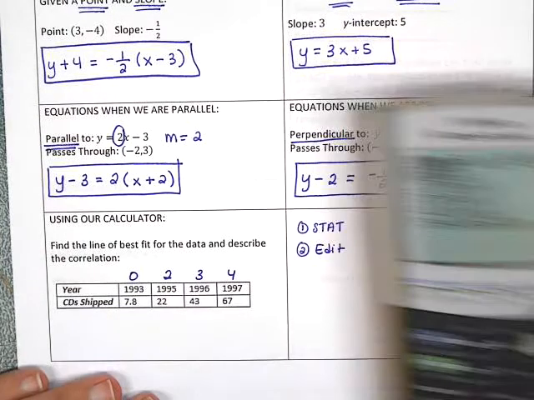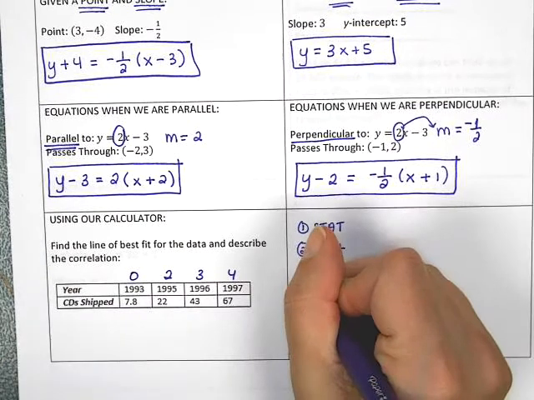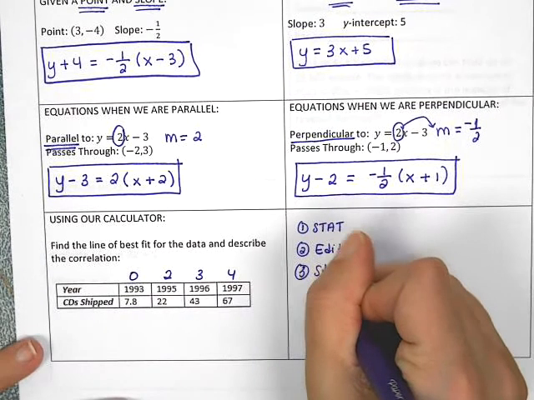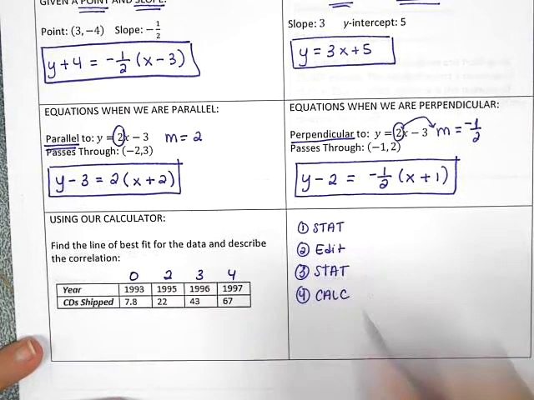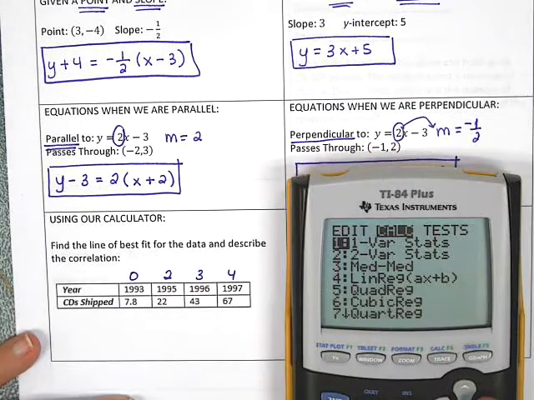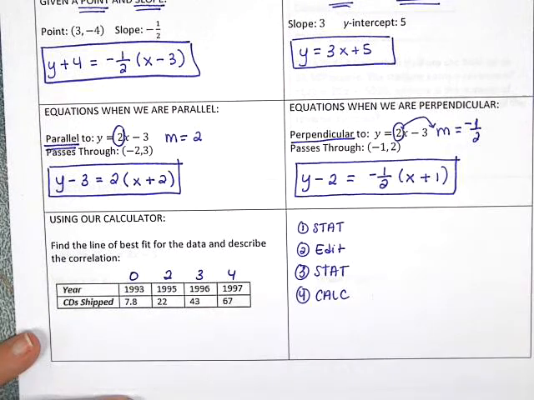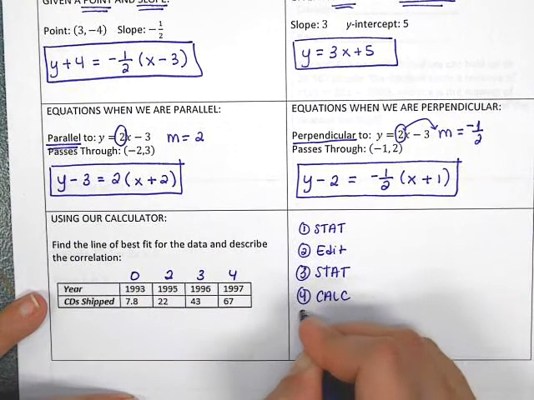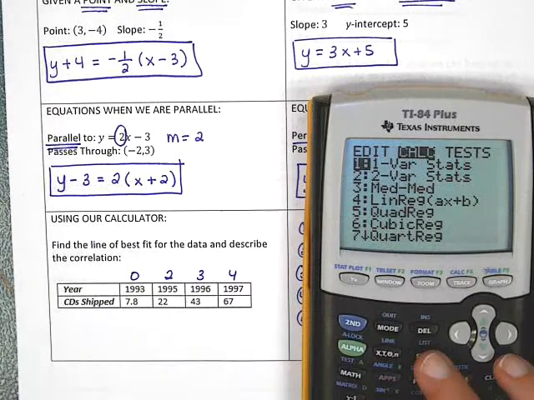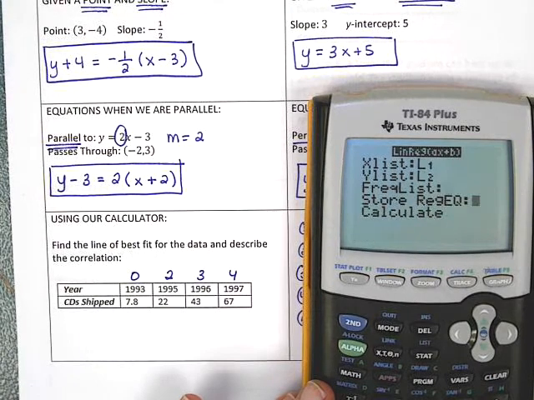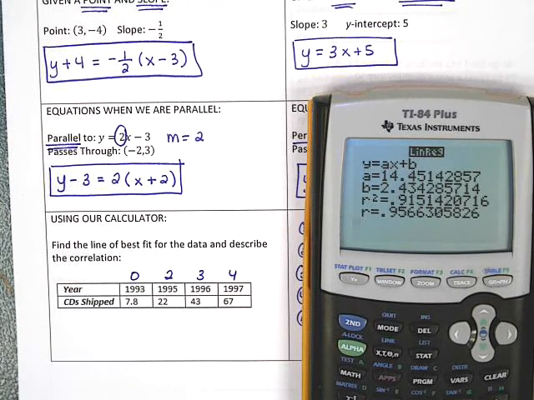Then I'm going to go back to Stat. I'm going to go to Calculate, which is the second menu. I'm just going to slide over, and I'm going to choose option 4. Enter, enter, enter, enter, enter, and I get this data.